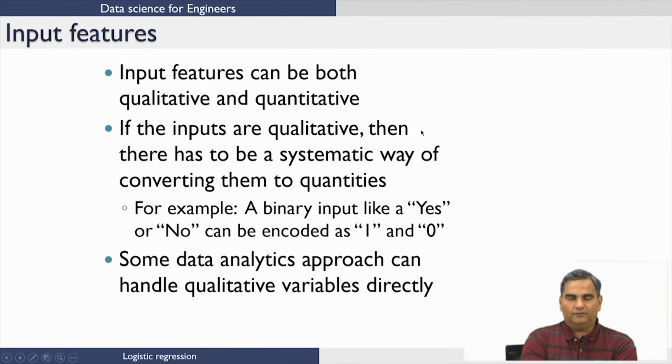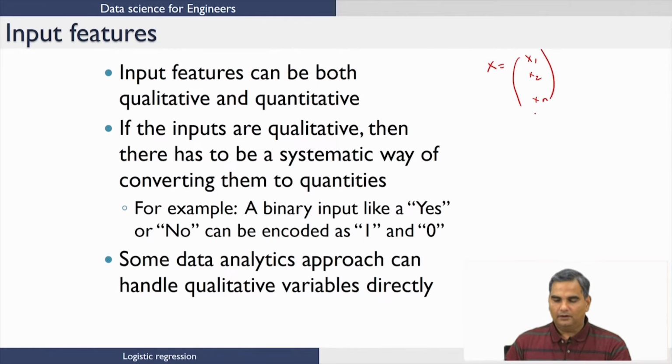Now, whenever we talk about classification problems, we have described this before. We say a data point is represented by many attributes x1 to xn. We can also call these input features, as shown in the slide, and these input features could be quantitative or qualitative.